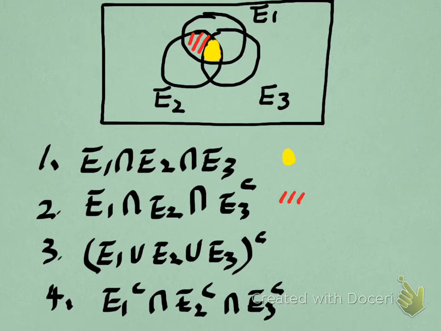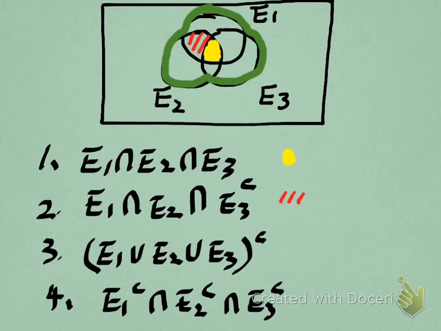If we look at the picture, it will be some part inside this green color. Any area inside this green color is our union of E1, E2, E3.